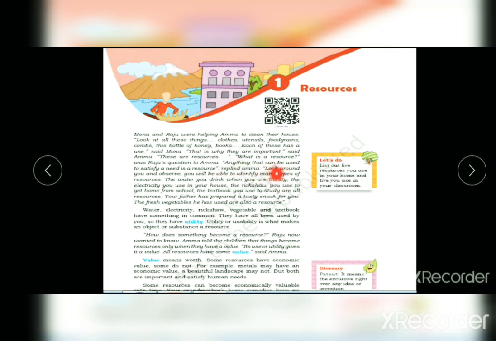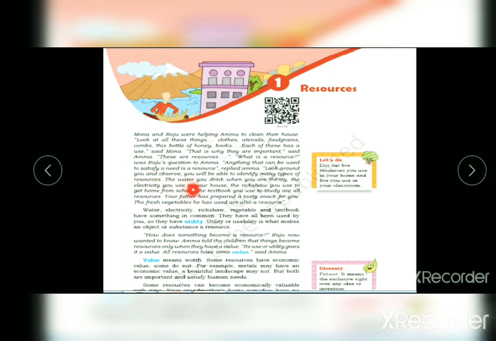Anything that can be used to satisfy a need is a resource, replied Amma. Look around you and observe. You will be able to identify many types of resources.